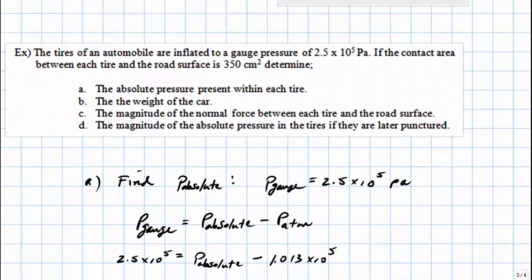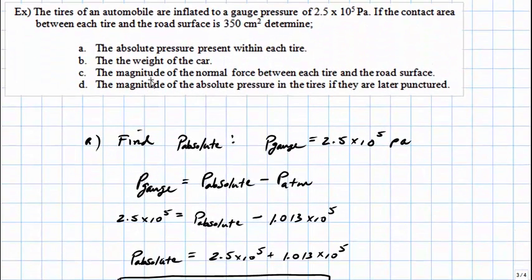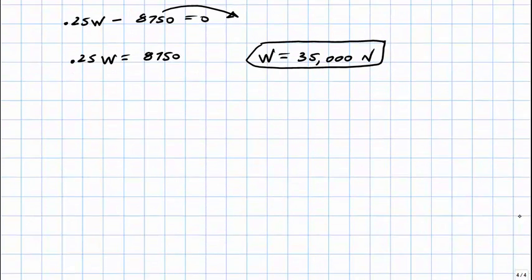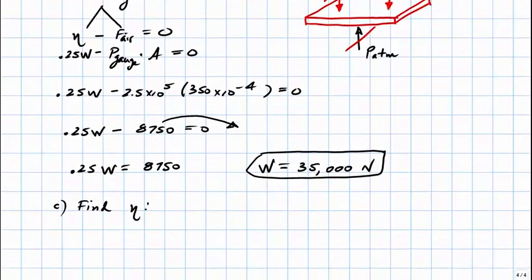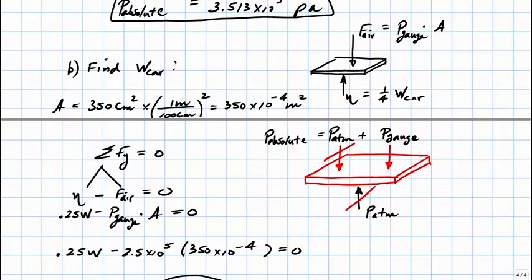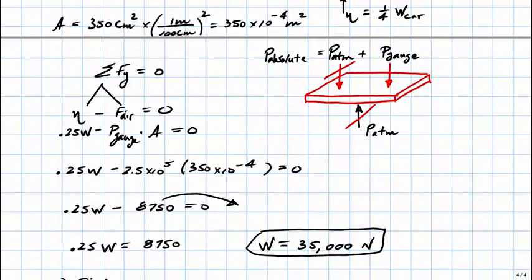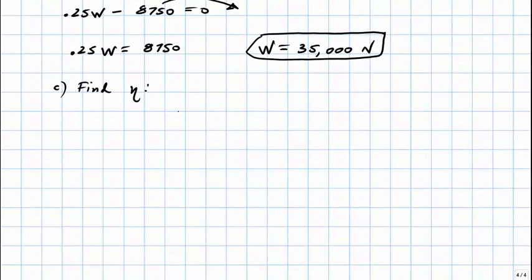In part C of the problem, we need to calculate the magnitude of the normal force between each tire and the road surface. Earlier, we noted that the normal just equals 1/4 of the weight of the car, and so we will apply this equation to solve for the normal.